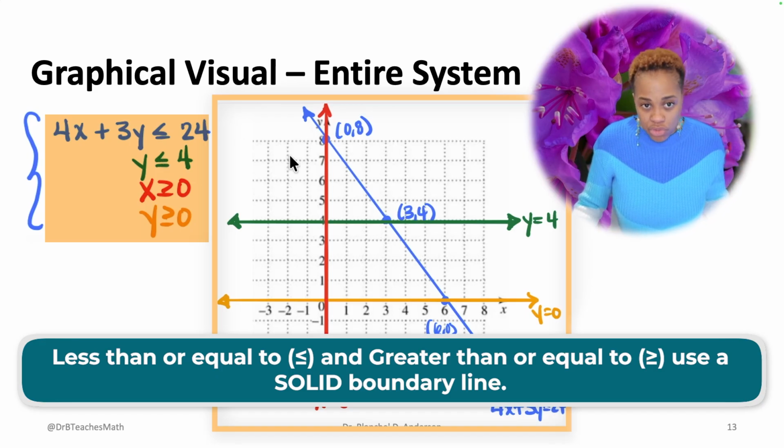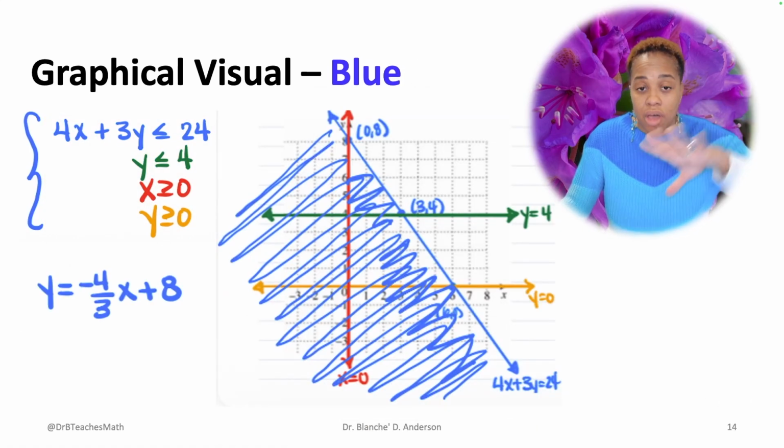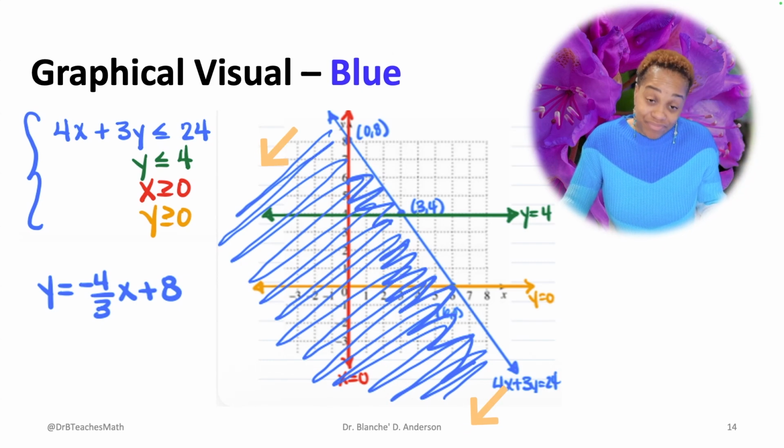So if I go through all of these and we have to figure out where to shade, let's look at the blue line first. All of the points, all of the ordered pairs that make that equation true are on the bottom side, and on the line.